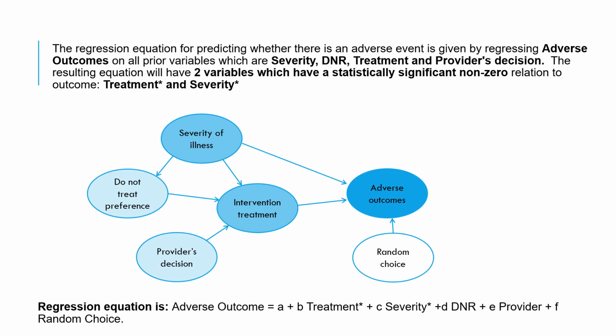On the bottom here, you can see the regression equation. We have adverse outcomes equals alpha, the y-intercept, plus the coefficient b for treatment, coefficient c for severity, coefficient d for DNR, coefficient E for provider, and coefficient F for random choice.